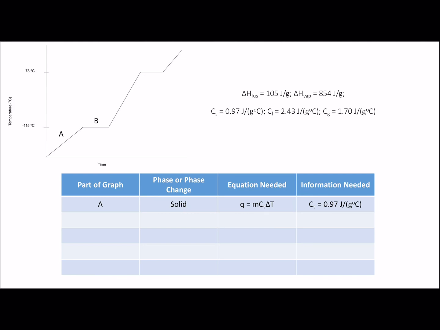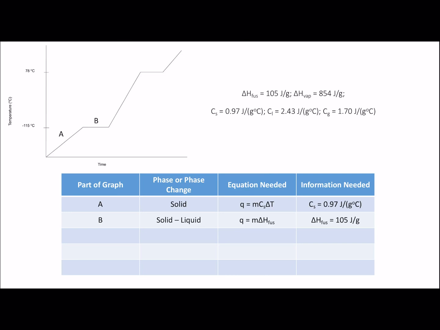The next part of the graph, which I've labeled B, is where we are going from a solid to a liquid. That means all the heat energy that we are putting in is going to break down intermolecular bonds that are keeping the molecules together as a solid, making it more of a liquid, so the molecules can move around.